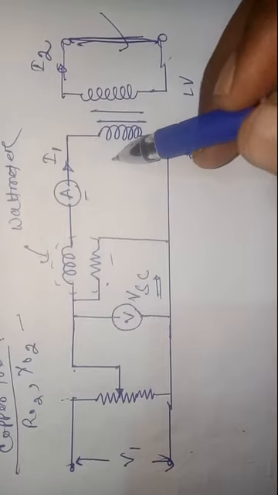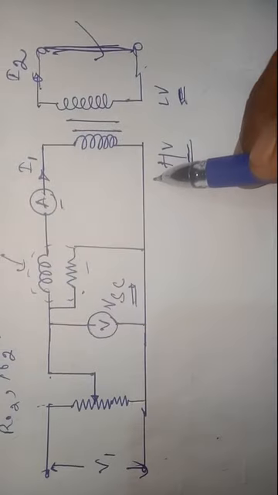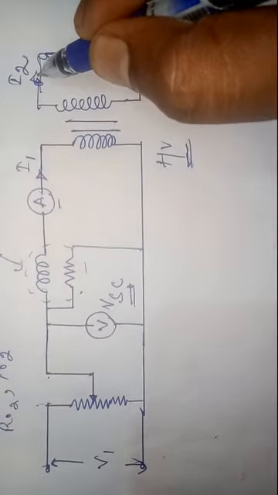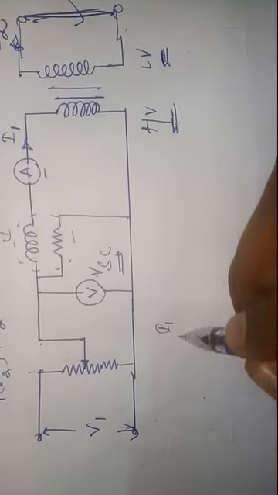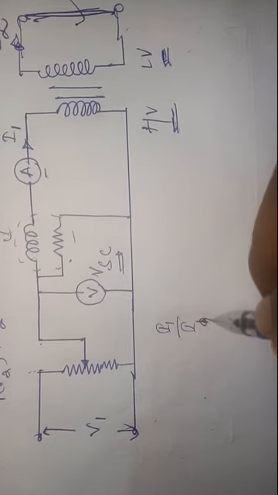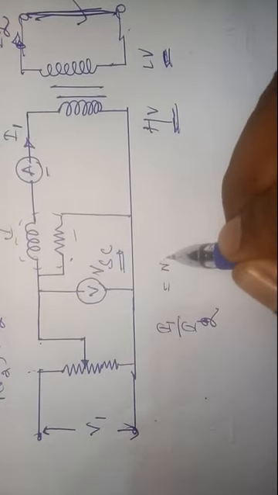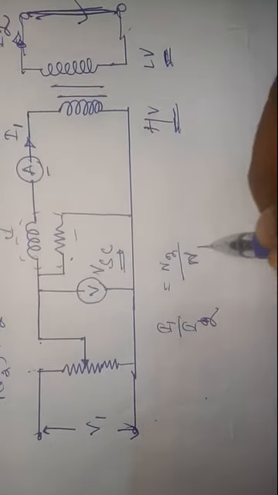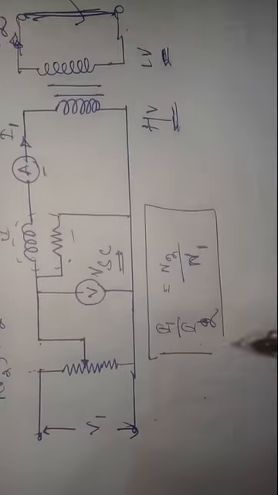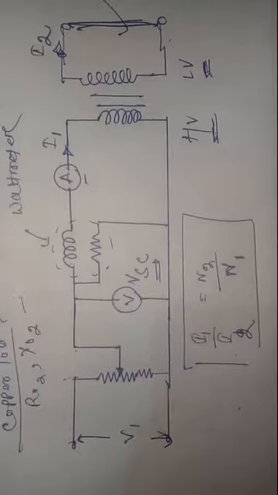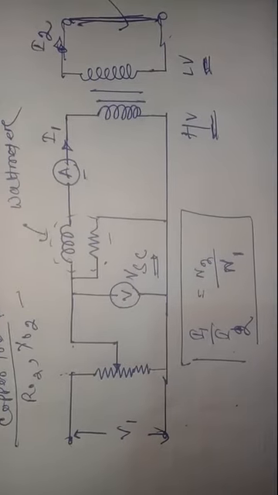The secondary current I2 is given by the current ratio I1 by I2, which is equal to N2 by N1. So you can calculate the secondary current from this relation, as we have connected the ammeter and voltmeter on the primary side.